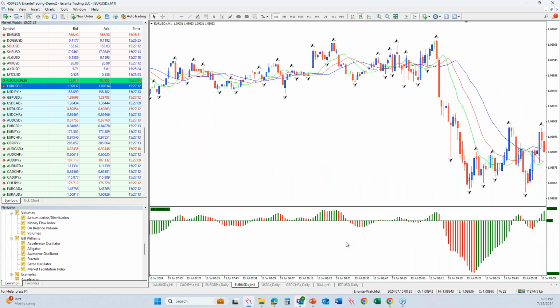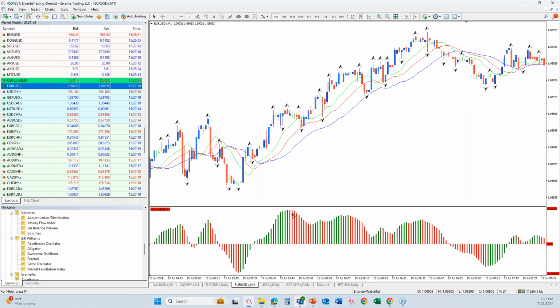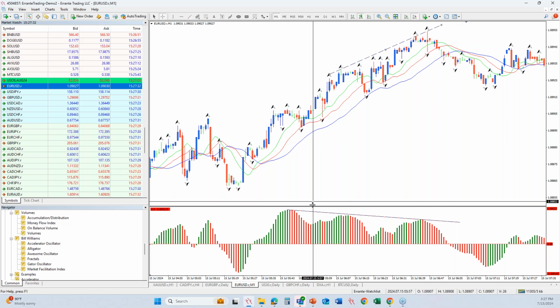But one thing is very important to notice. Let me find maybe a good divergence. This is what we are talking about. When you have the price forming higher highs or higher tops, and you have the AO forming lower tops, it means a divergence.